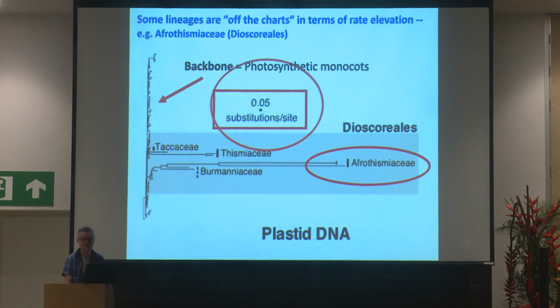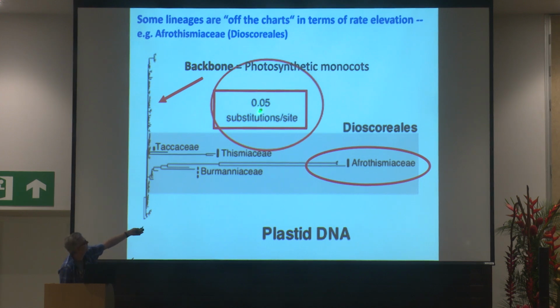I'm going to be showing you several slides with trees that look a bit like this, and I just want to point out a couple of things that clue you into what's going on here. These obviously have very long branches. These are mycoheterotrophic lineages. They have lost photosynthesis. But I also want you to focus on the backbone. In this case, this is the rest of the monocots, including the very rapidly evolving grasses up here.